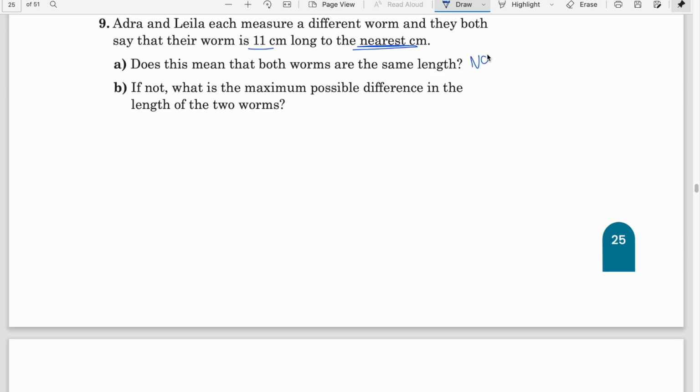This is a no, because upper and lower limits are different. Nearest centimeter means 11.5 and 10.5. 10.5 less than or equal to the length is less than 11.5. Do you agree with this inequality?